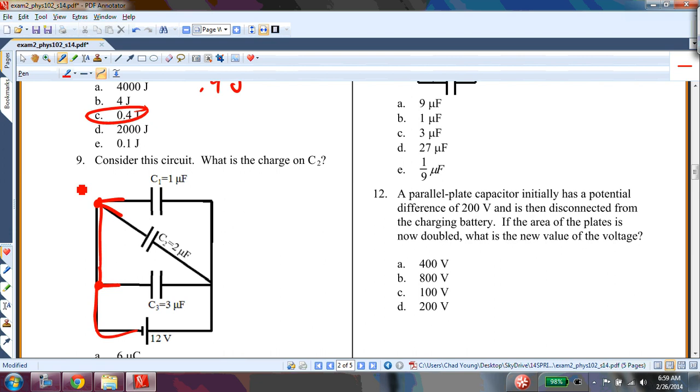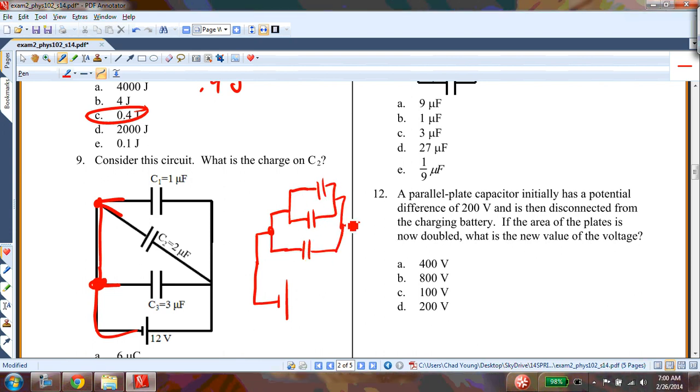Well, if I were to draw that, it would look like this, where this junction is this junction right here, and then I would have another break up here, like that. All right, so that's what that circuit would look like.